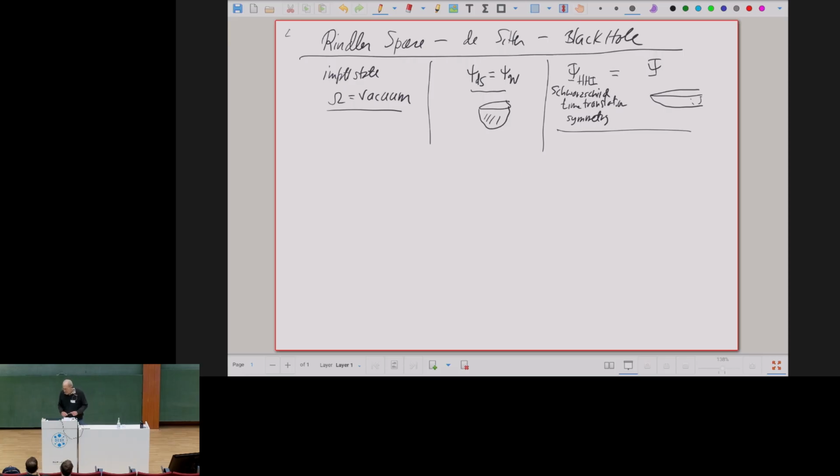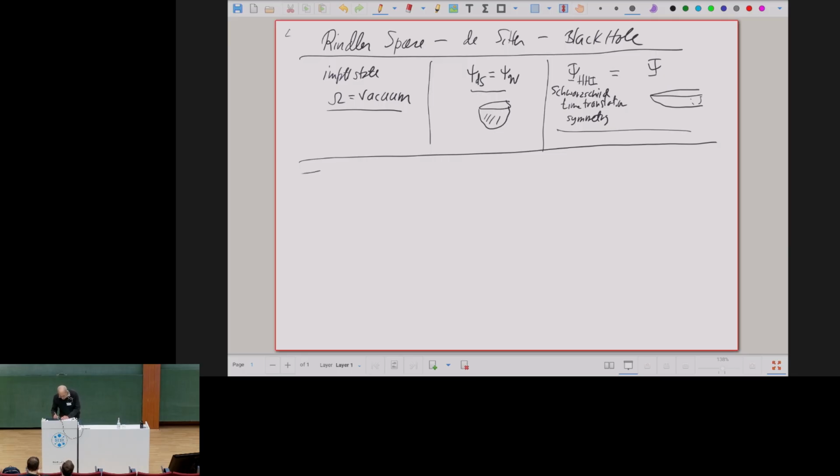Also, the pictures are easier to draw because the main story is happening in a two-manifold, whereas yesterday it was happening in a four-manifold. I don't know if you understood the words I was giving, but the pictures were probably hard to understand. Anyway, that's the story of what we'll be trying to do in roughly the next half hour, I guess.